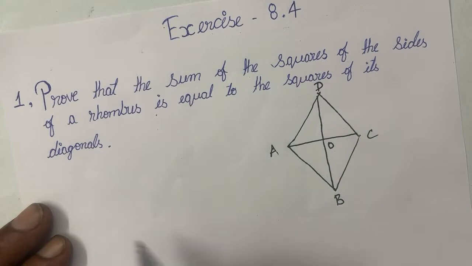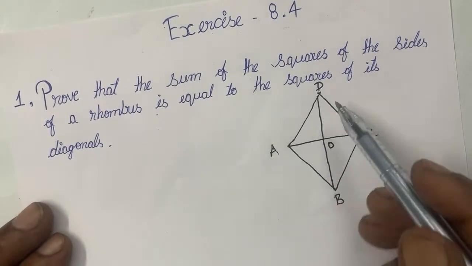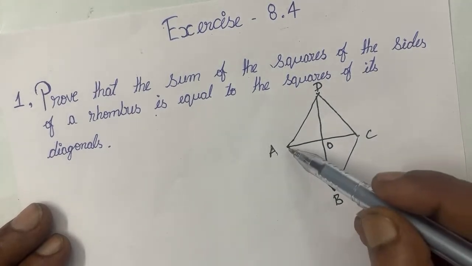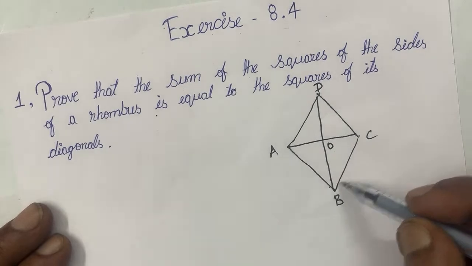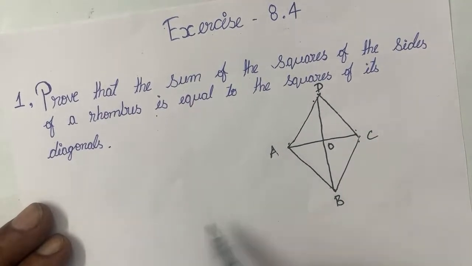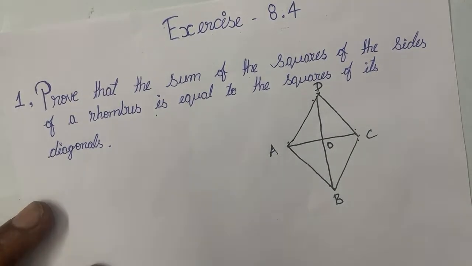Here I want to prove something. What do I have to prove? The sum of the squares of the sides. That means AB square plus BC square plus CD square plus AD square is equal to AC square plus BD square. This I have to prove.